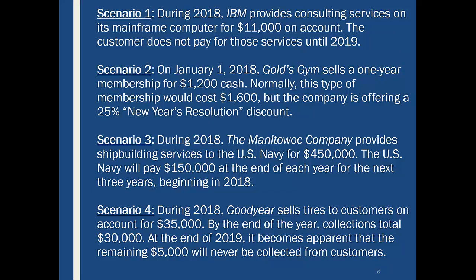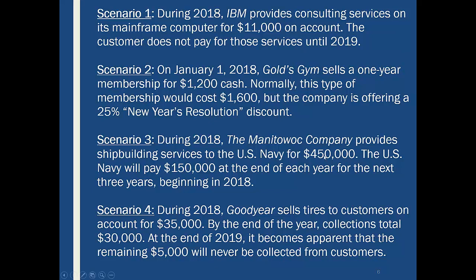Obviously, regardless of whether the person went or not, they still had a right to recognize that revenue at the end of January, and that would just be for $100 because that's as much revenue as they've earned. They haven't earned the whole year until the whole year has passed.